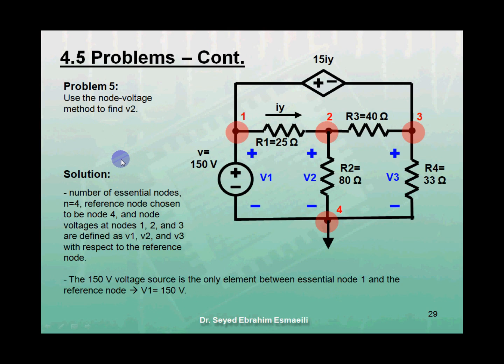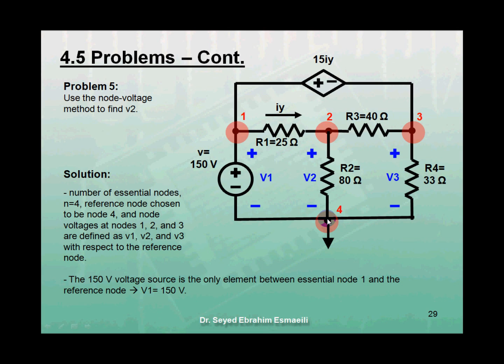In this problem, we need to use the node voltage method to find V2. We start our solution by noting that this circuit has four essential nodes: node 1, node 2, node 3, and node 4, which is chosen as the reference node.